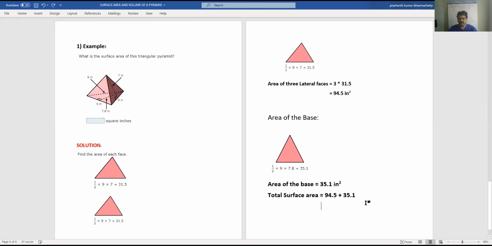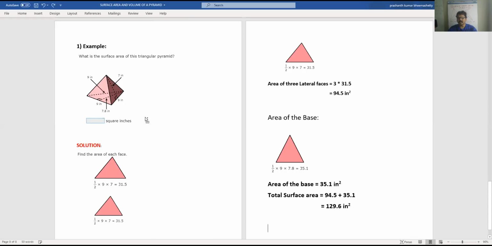That gives you a total of 129.6 square inches. So this is how we find the total surface area of a triangular pyramid.